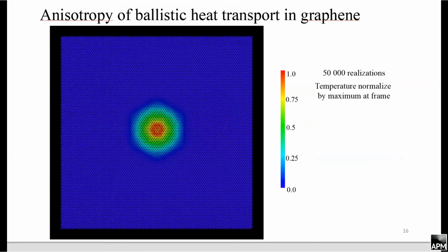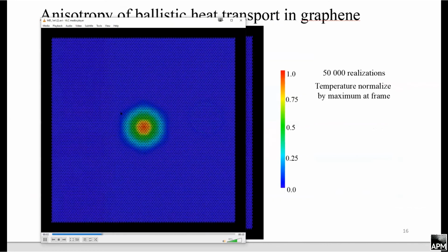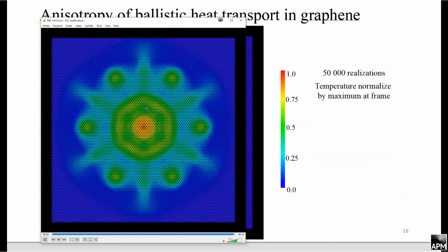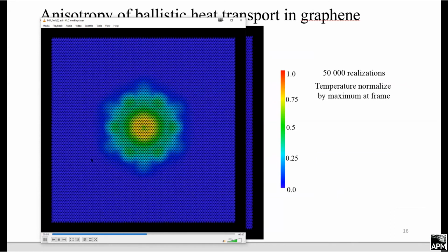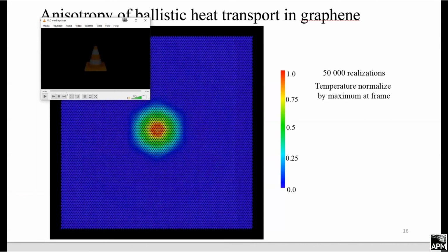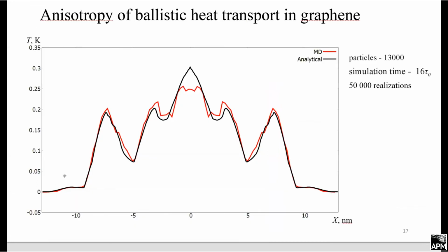This is the result of evolution of the hotspot, and temperature is normalized by the maximum on each frame. So if we construct a temperature profile along the middle line, we will get a very good agreement between MD and analytical solution.